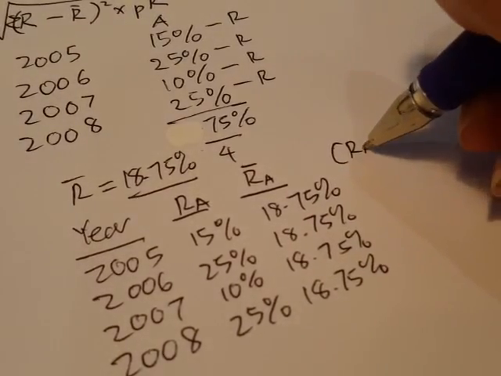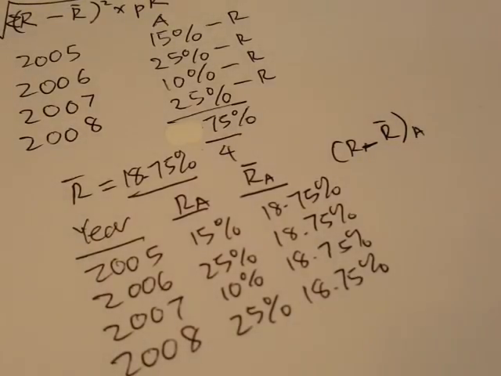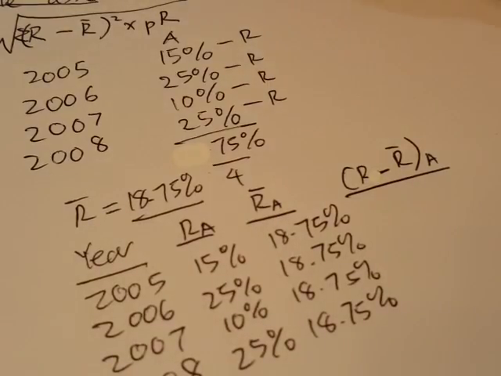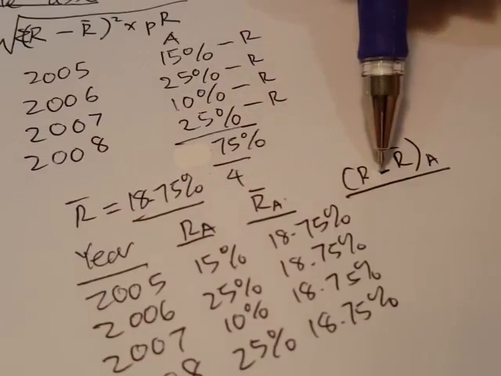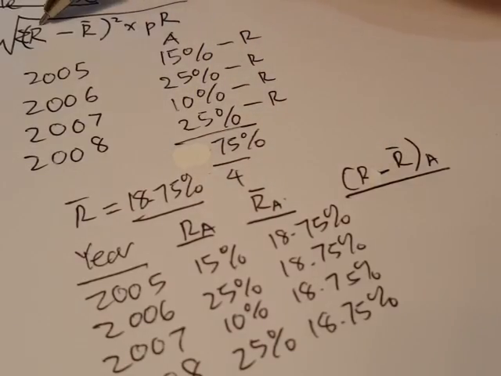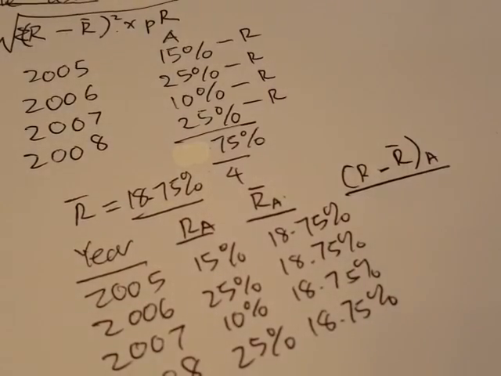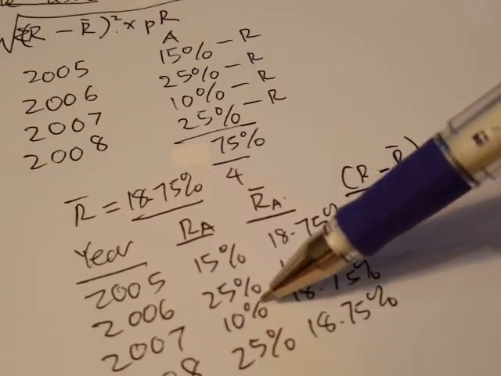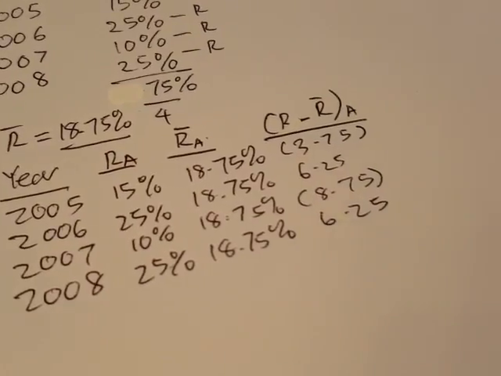R minus R bar for A. We are doing this step because this is the next step in your formula. You have R, you have R bar. Now you have to calculate this R minus R bar as shown in this formula. So take this minus this, this minus this, this minus this, this minus this. Here you go.